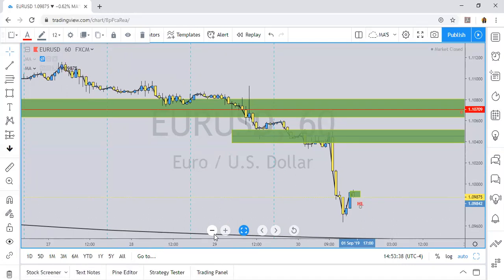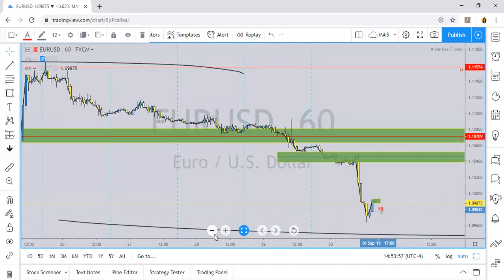Let me know if price does respect this area. If it does, send me an email. If it doesn't, just comment. Or you could comment if it does play out. But once again, this is just taking that higher time frame and breaking it down to the smaller time frame.